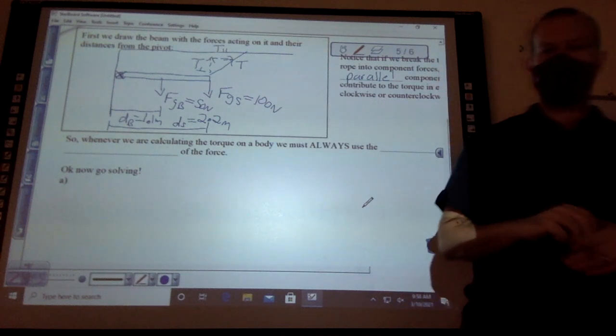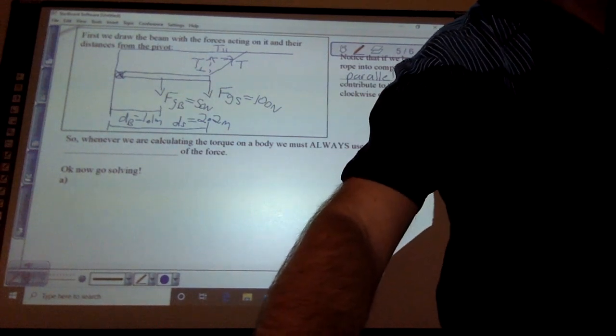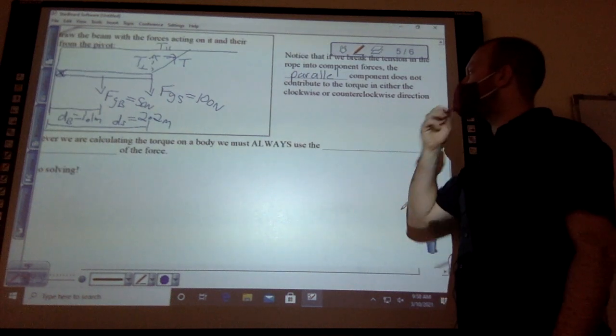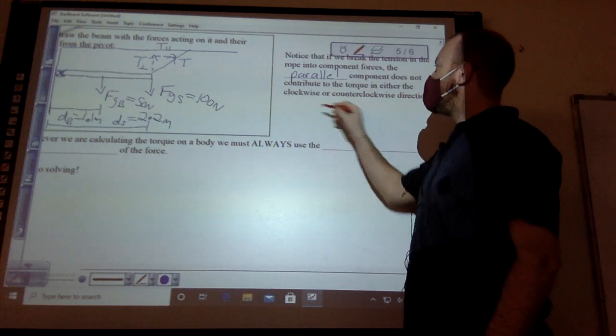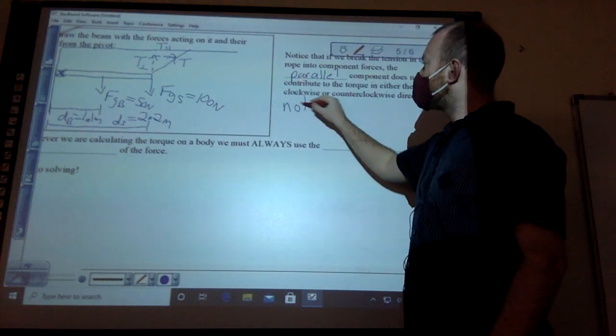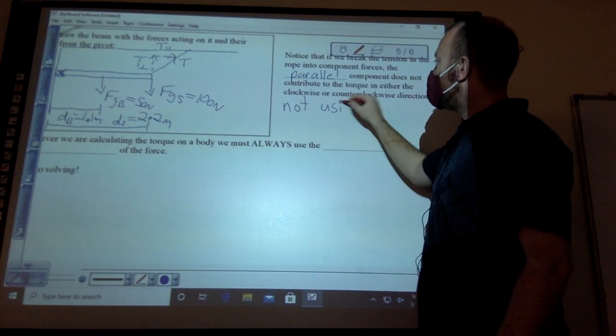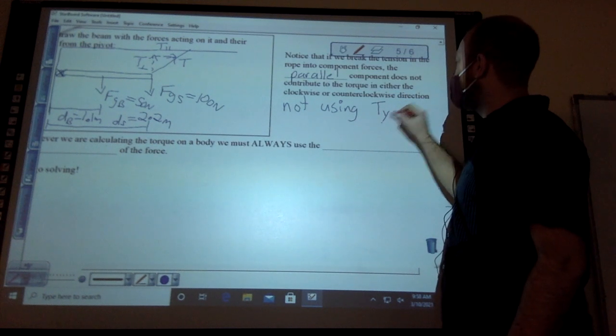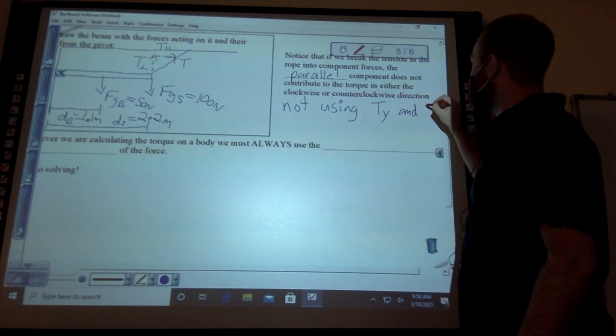So let's go about solving this. Oh, and one other note. I said this, but I'm going to write it down anyways. We're not using Ty and Tx.